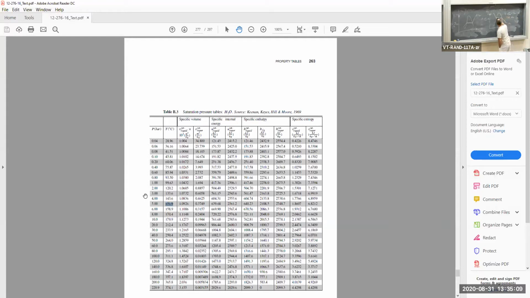We are somewhere along this isotherm within the dome. Okay? That's the first example. Saturated mixture. Let's do the second example.